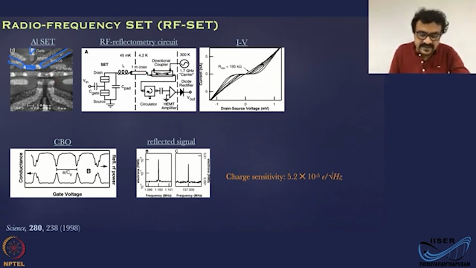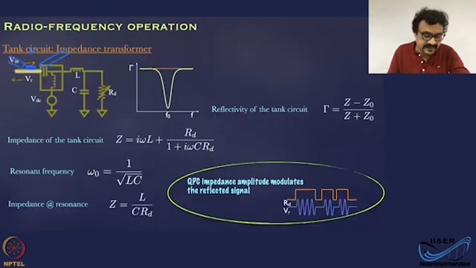As we just discussed, this single electron transistor, which is represented by the double junction system, is connected to the external circuitry through an L and C. There is an L here, there is a C here. This is similar to what we have here.